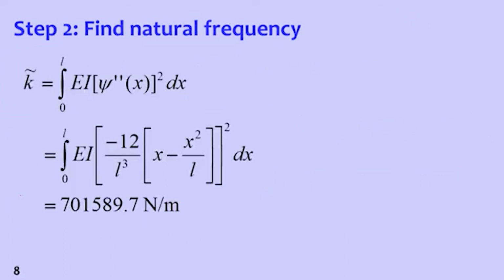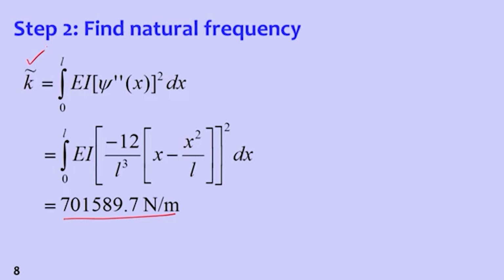Now for the calculation of stiffness, EI is a known value, and psi double prime we derived in the earlier slide. So what we get is K equal to 701,589.7 Newton per meter as the generalized stiffness.